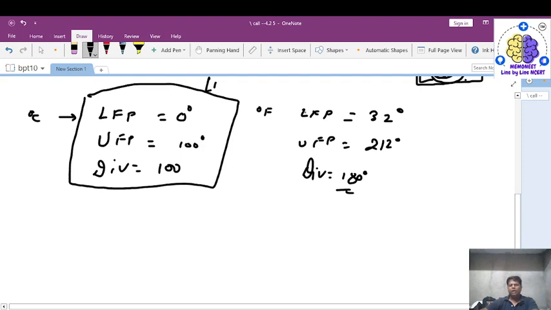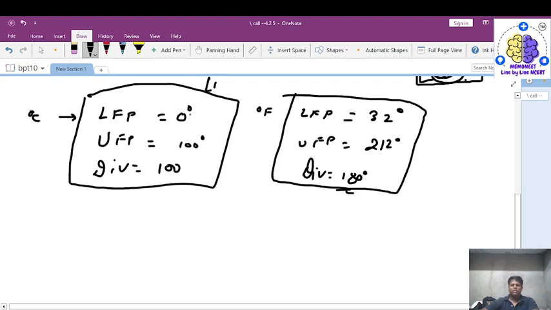So one is the centigrade scale, in which the lower fixed point is 0 degrees and the upper fixed point is 100 degrees. In the Fahrenheit scale, the lower fixed point is 32 degrees and the upper fixed point is 212 degrees.